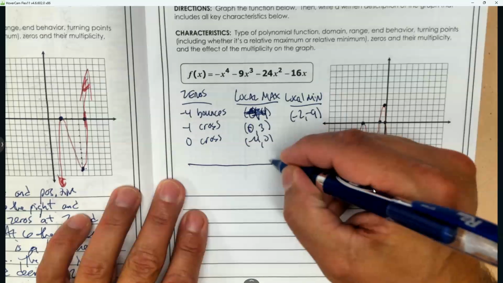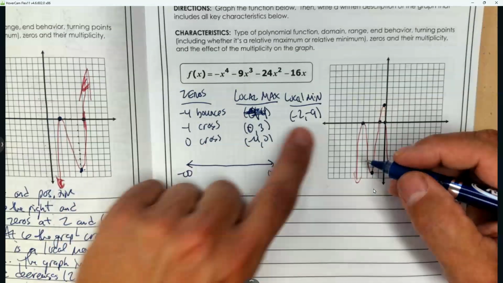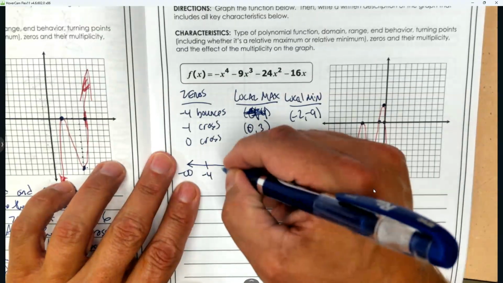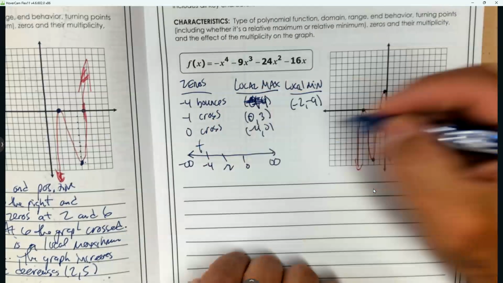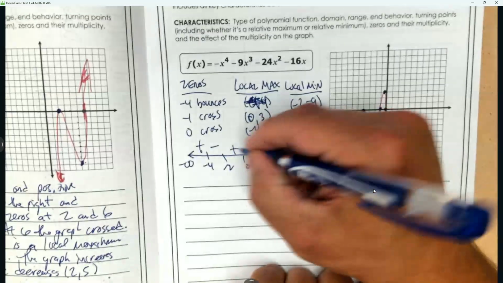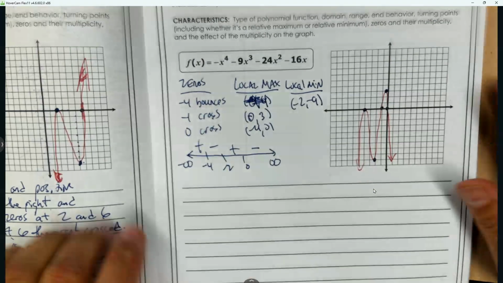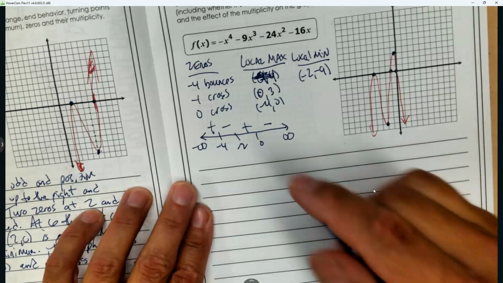I'm just going to draw a number line to understand increasing and decreasing. So I'm going to use 0, negative 4, and negative 2, and put them in order. So the graph first rises, then it falls, then it rises, and then it falls. And then we're going to write this again. So what is the end behavior, right?